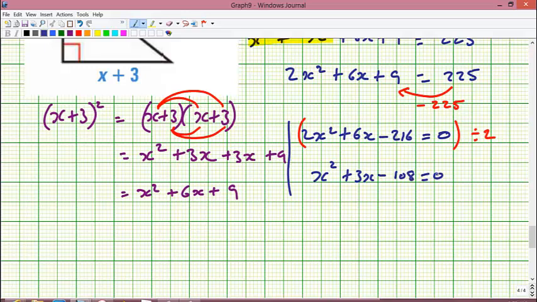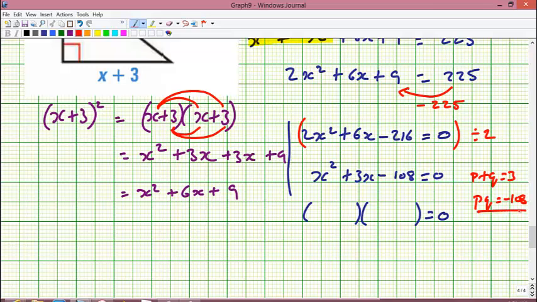And so now we need to factorize our equation using the x plus p, x plus q method, remembering in this case that p plus q equals 3, and p times q equals negative 108.